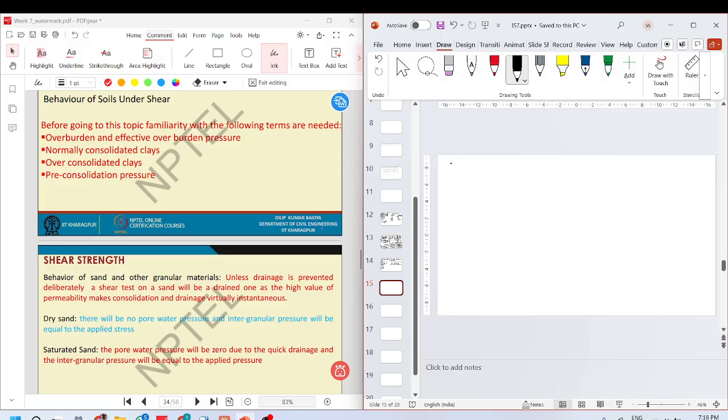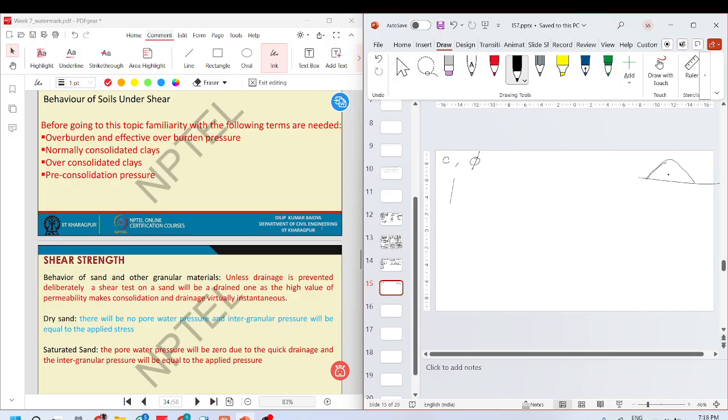When I say that C and phi are not fundamental values, it means that they are different for same soil in different conditions. I will tell you, for example, what will happen here. Let me take a sand, same sand. I'll take two samples from it. I have prepared this sample at a relative density of 60%.